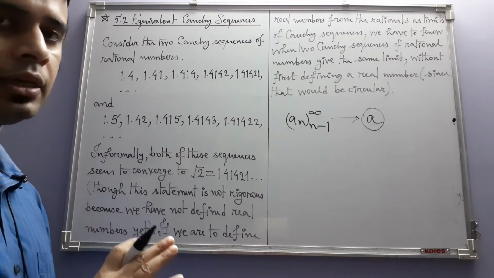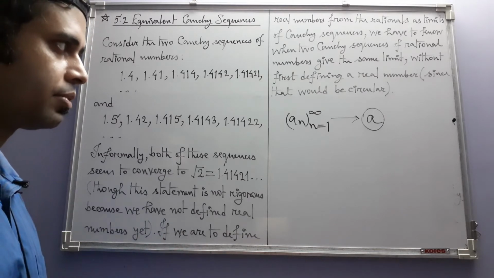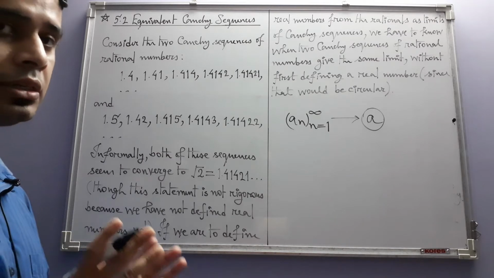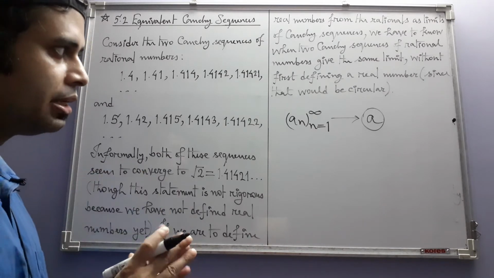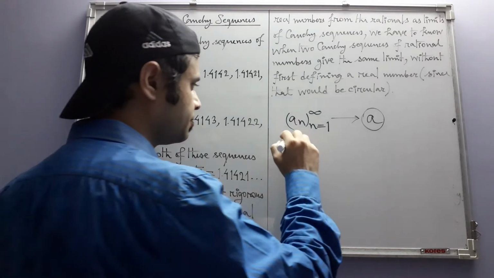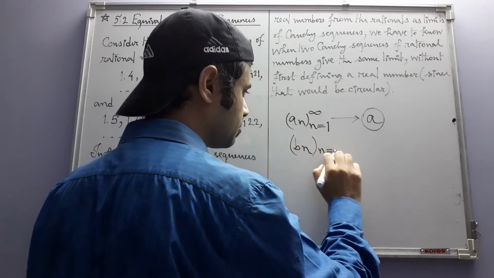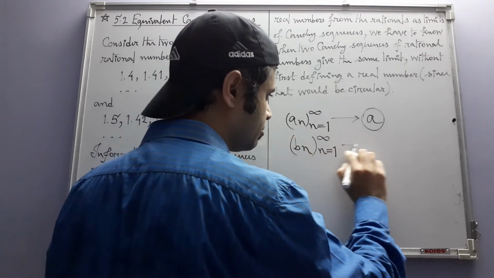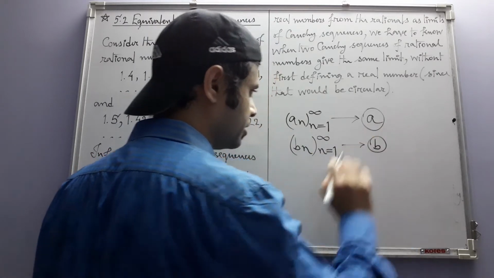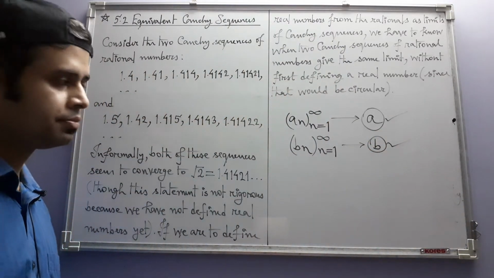We are not saying what this object is. It's something that is associated to this Cauchy sequence of rational numbers. If you have another sequence, with this also you are associating one such object. You are calling these objects real numbers.